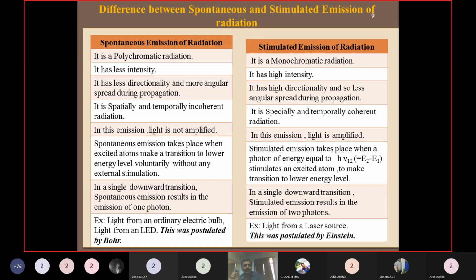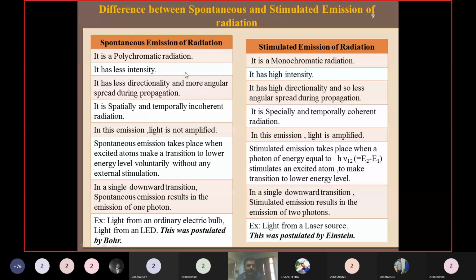That's why the intensity is very low. Now in stimulated emission, all photons come in a single direction, so all photons are concentrated at a particular area. So the intensity of light increases in the case of stimulated emission.